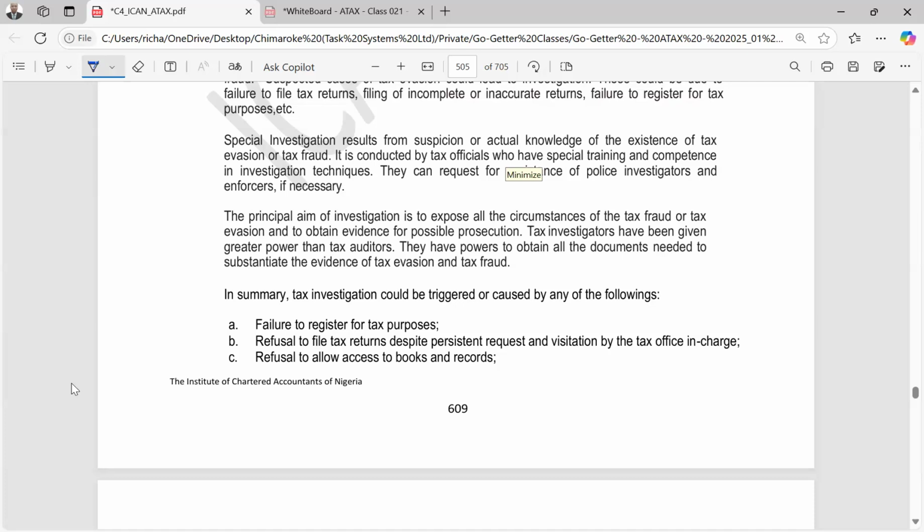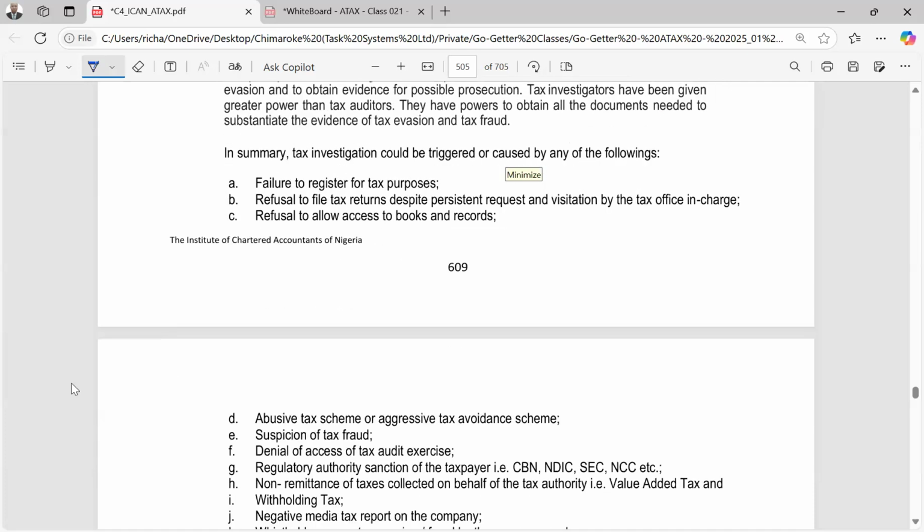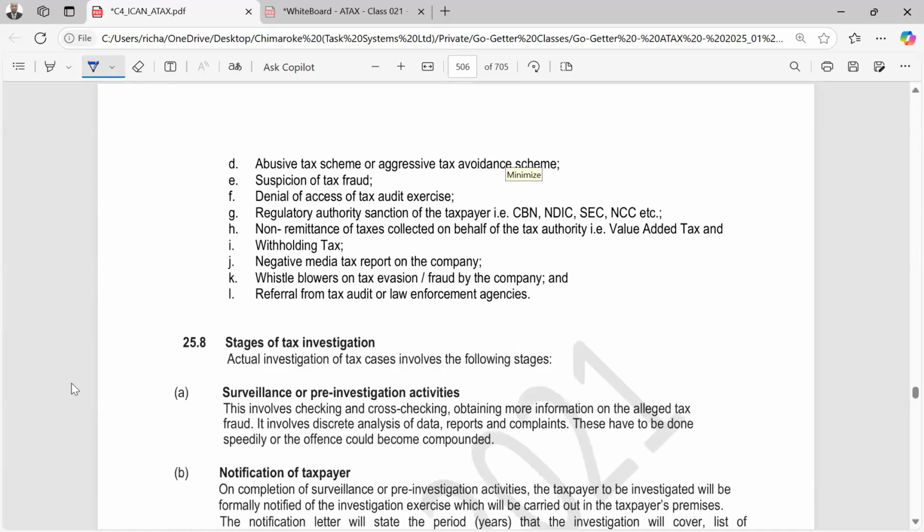The third one is refusing to allow access to your books and records. Maybe because you know that something is being cooked there. You know that if they look at that, they're going to find you out. And you deny them access. Then you know that abusive tax schemes or aggressive tax avoidance schemes are being pursued. And when it is aggressive, there is no line between aggressive and tax evasion.